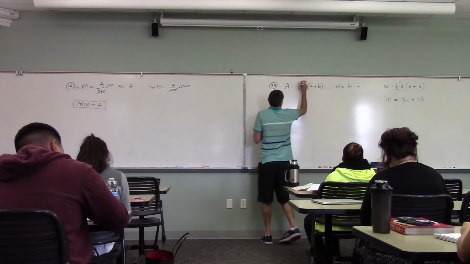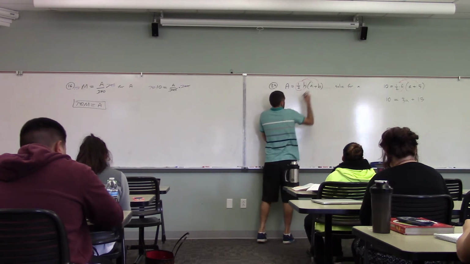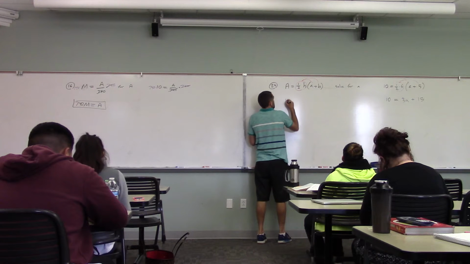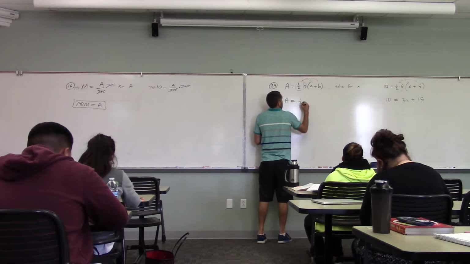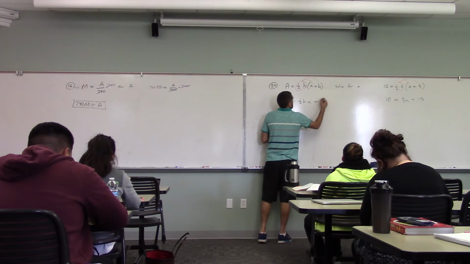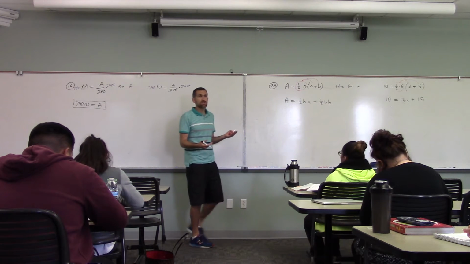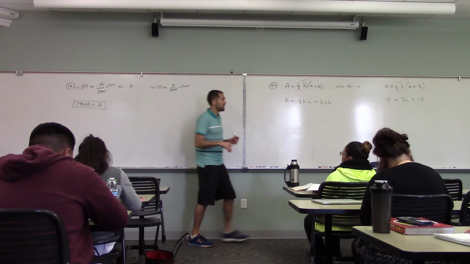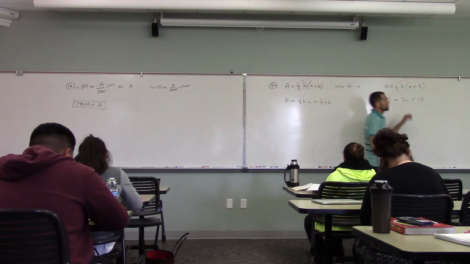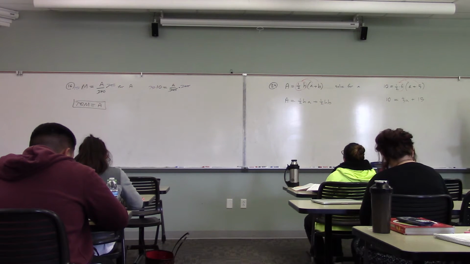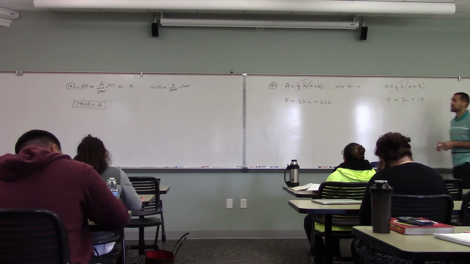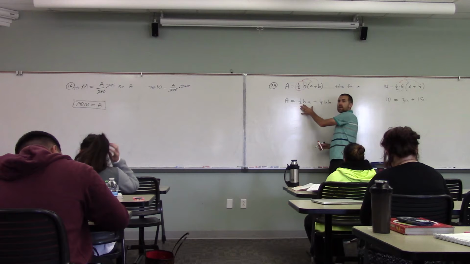So over here, we won't be able to simplify, but whatever, we'll still write it. So this is A equals 1/2 HA plus 1/2 HB. Look, we don't have to do anything with fractions or numbers, there's no simplifying to be done. Great. So, what do we do over here? Subtract 15. Yeah, we subtract the thing that doesn't have any a's, because we want to get a by itself.